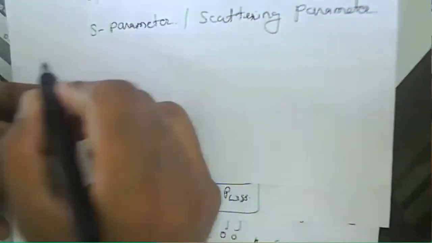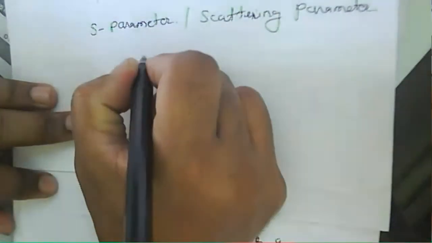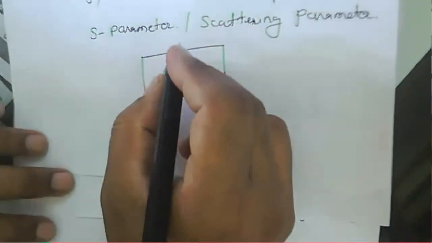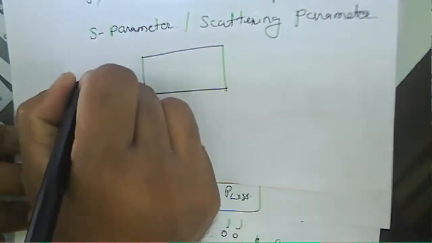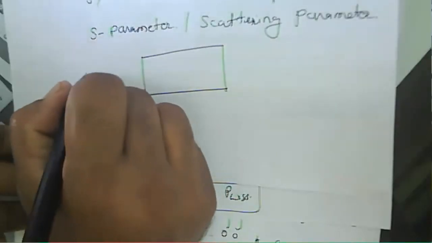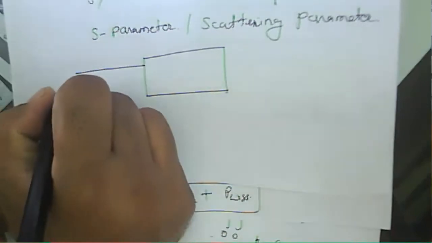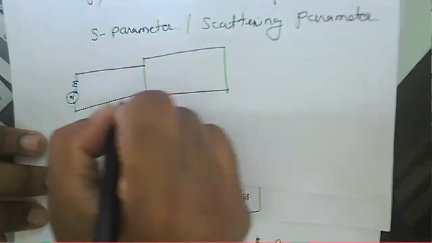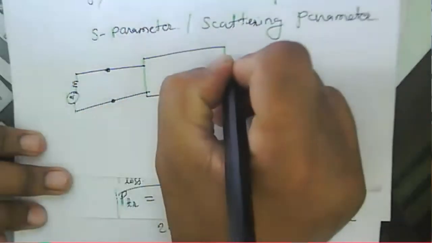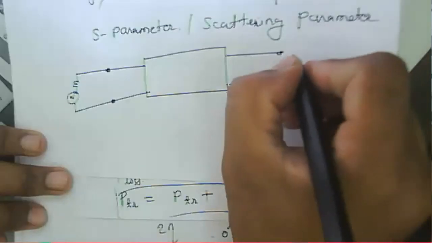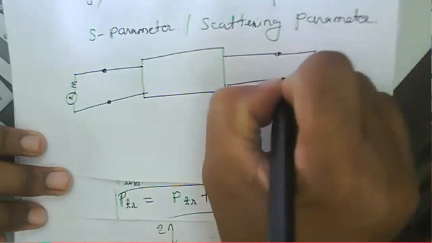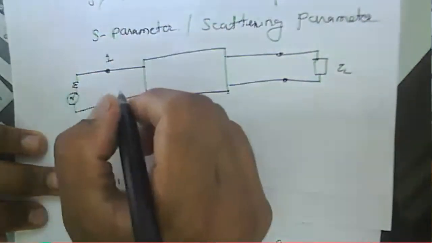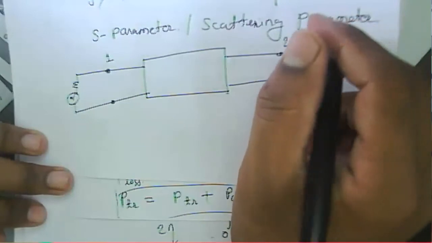To understand the scattering matrix or scattering parameter, just remember a small diagram. It is some particular network or component we have, and we are providing the input to the particular port, and then there is the load. Say this is port 1 and this is port 2.